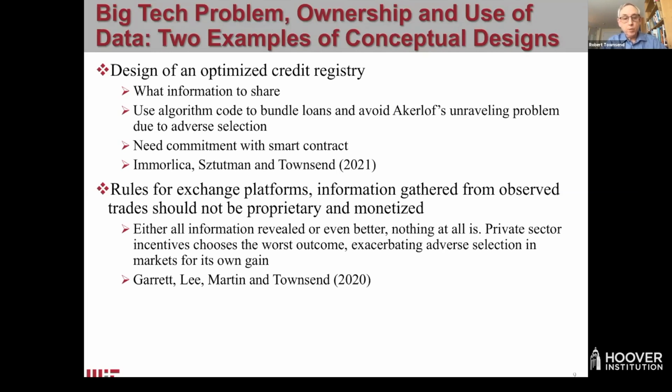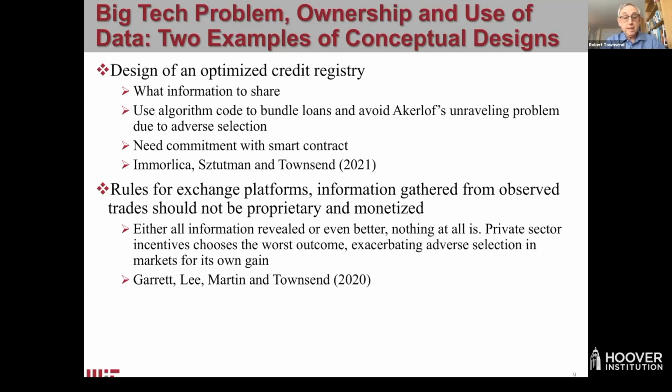The question is what information to share. One can use an algorithm, a code, to bundle loans together to avoid an unraveling problem we associate with Akerlof's lemons due to adverse selection. Of course, we need commitment, and we need the smart contract algorithm. This is something I'm working on with Nicole and Morlika and Andre Stutzman at MIT.